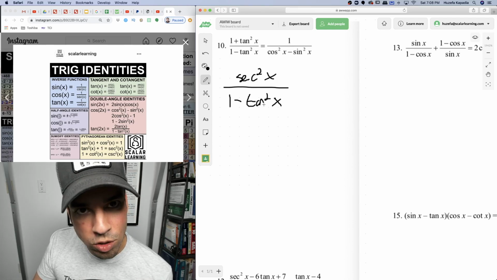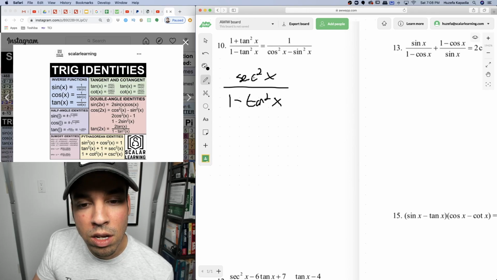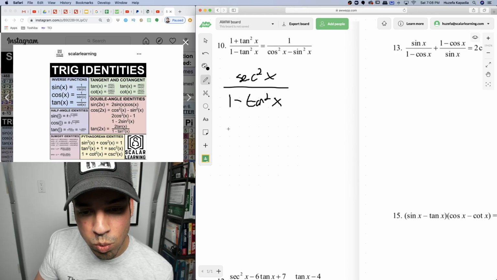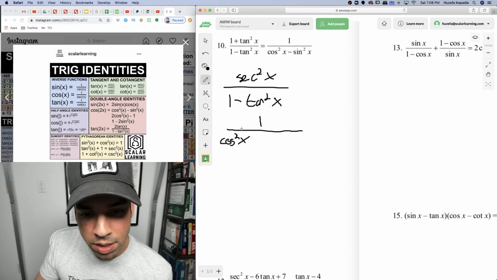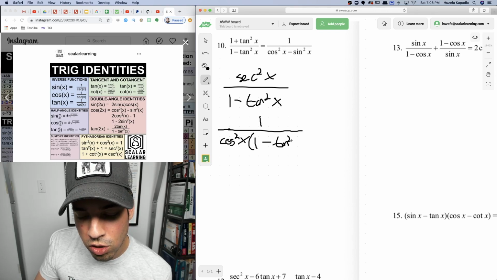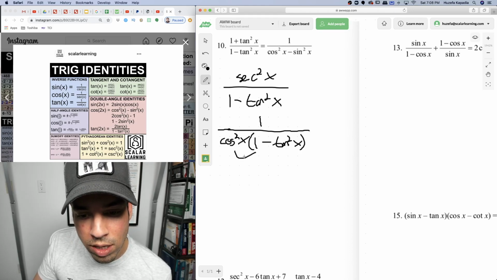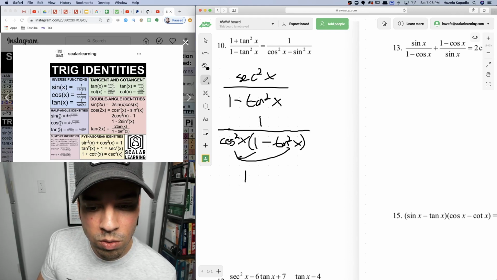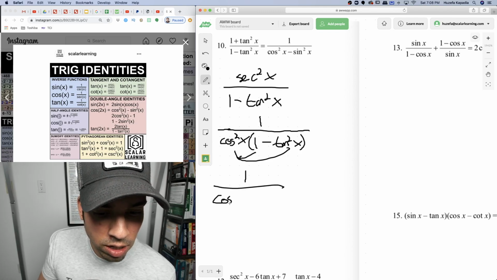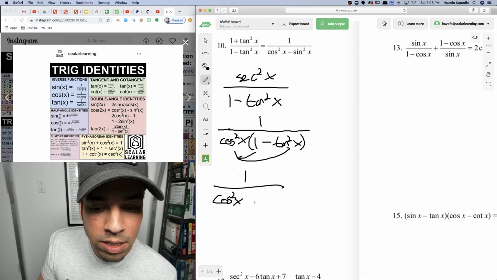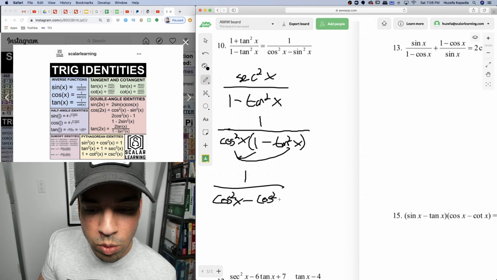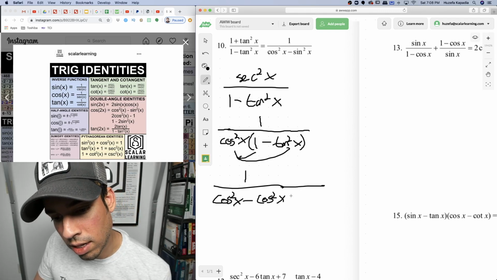Then remember, secant squared is really 1 over cosine squared x. So I can rewrite secant squared as 1 over cosine squared x. I've simply thrown this down to the denominator, and this guy here is still going to stay the same, right? I got 1 minus tangent squared x. Now this is looking pretty promising, because if I distribute, I get 1 over cosine squared x minus cosine squared x times tangent squared x.